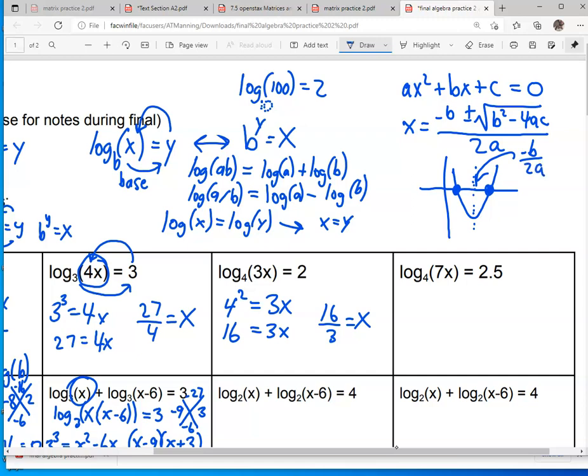Because this is negative b over 2a plus the square root of all this, and this is negative b over 2a minus the square root of all this. So negative b over 2a is exactly in the middle, and that's going to be our vertex. So this isn't a bad thing to remember. That's the formula for the vertex.